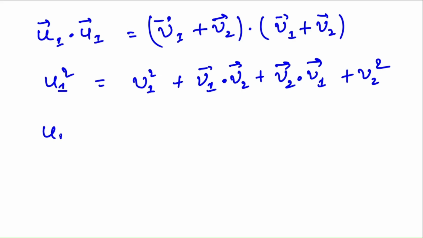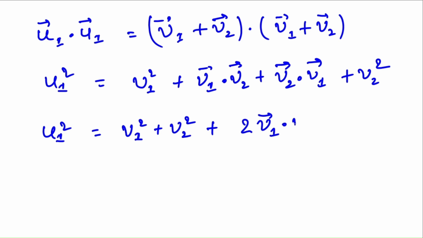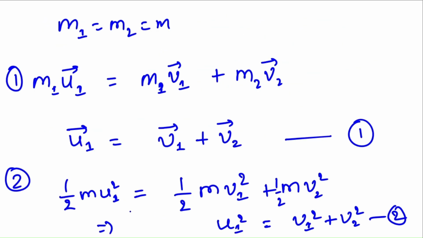So we can write u1 square equals, let me rearrange these terms, v1 square plus v2 square plus 2 v1 dot v2. And we have already found out that u1 square equals v1 square plus v2 square.